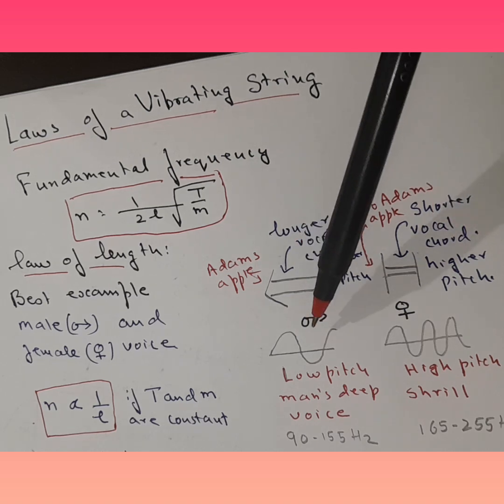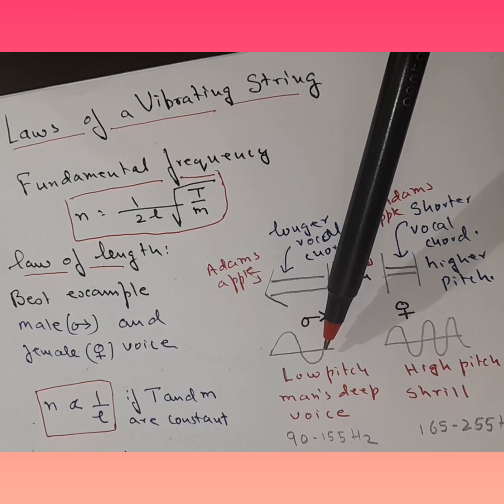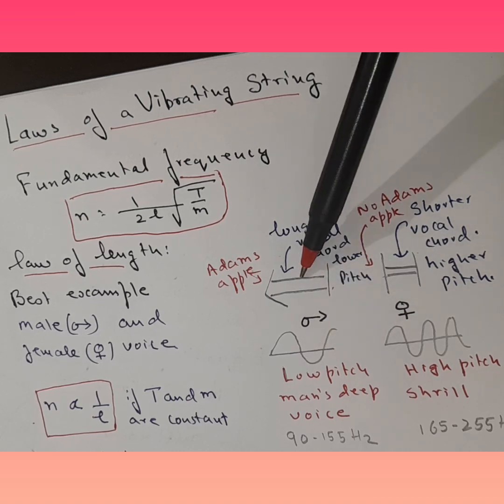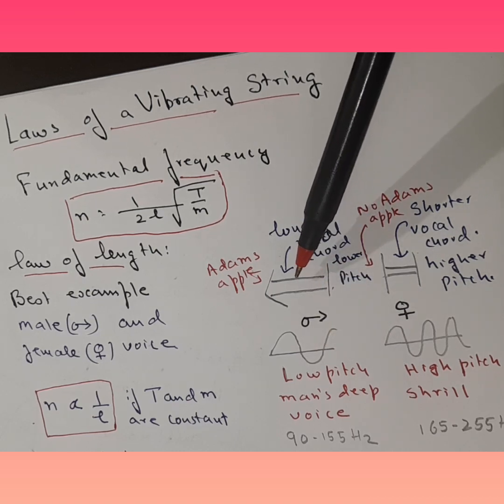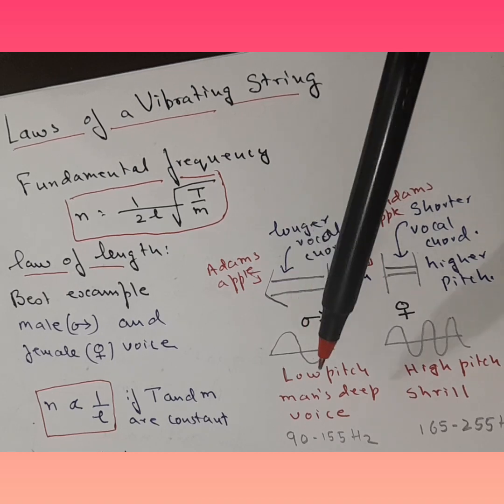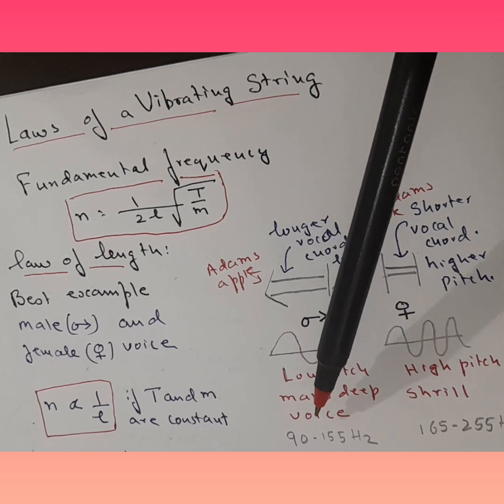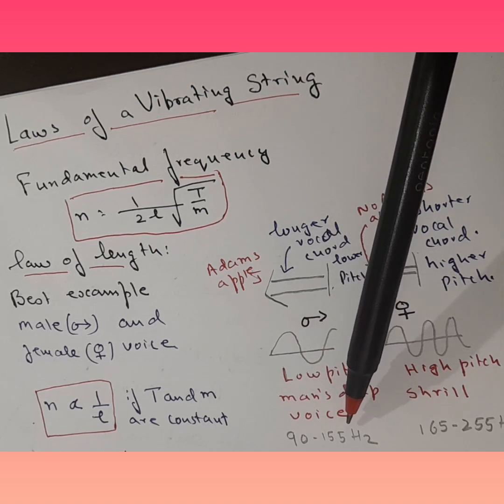Let's understand in terms of pitch. The frequency generated by vocal cord in male has low pitch or deep voice, with frequency around 90 to 155 Hertz.